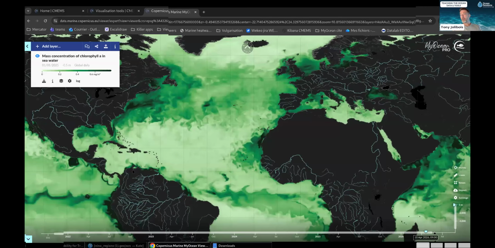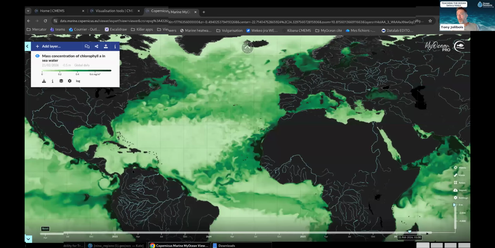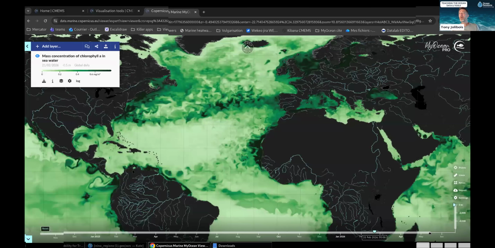So we can navigate in time, and again, with the timeline, you can zoom with the mouse wheel.